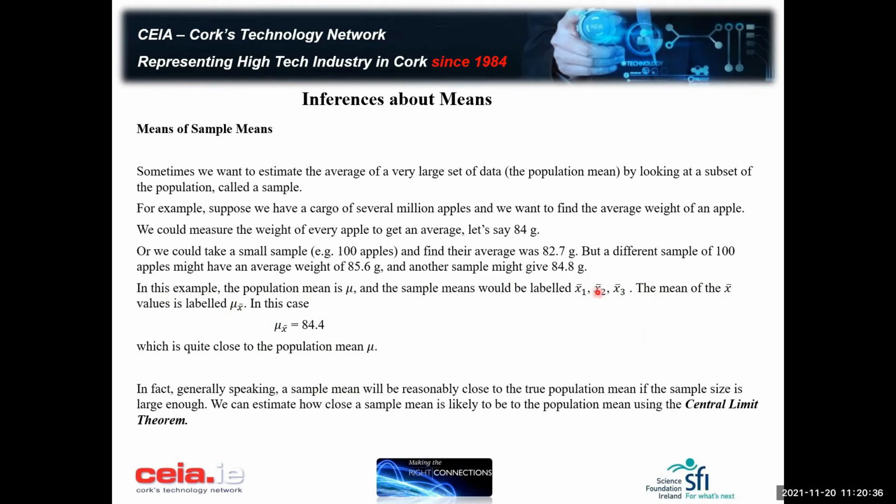In this case, where we had 3 samples and 3 averages, 82.7, 85.6, and 84.8, the average of those averages turns out to be 84.4, which is close, but not exactly equal to the 84.